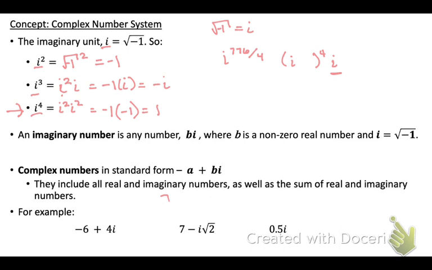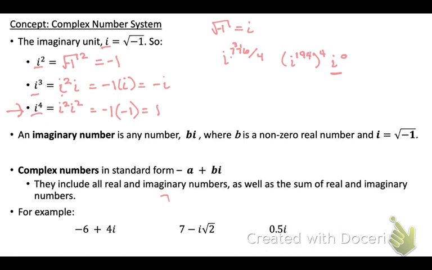So let's see. 4 goes into 7 how many times? Once. Carry a 3. 4 goes into 37 how many times? 9, with 1 left over. 4. So is there any remainder? No. So I could put a 0 here.